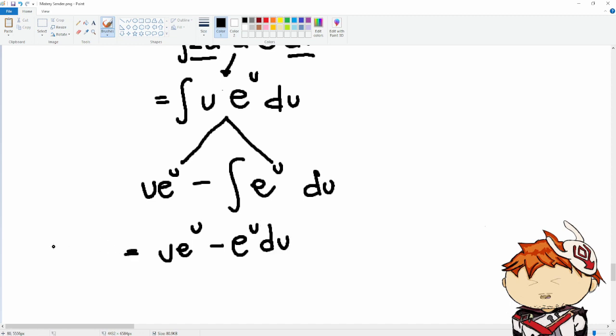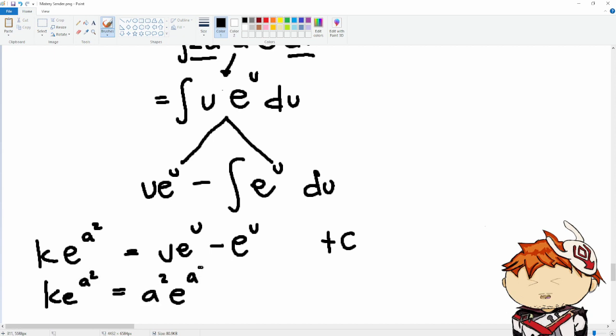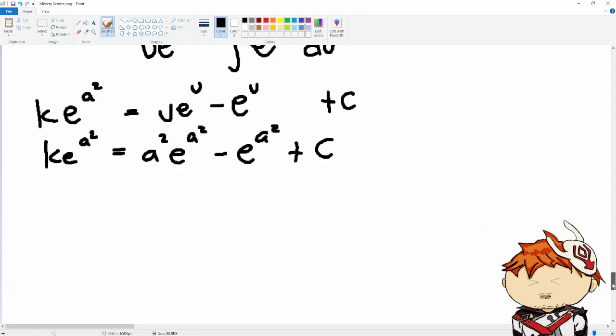This is equal to k e^(A squared) plus C. Let's take out the du, because when we integrate, we already take out the differential. Then substitute u: k e^(A squared) is equal to A squared e^(A squared) minus e^(A squared) plus C.